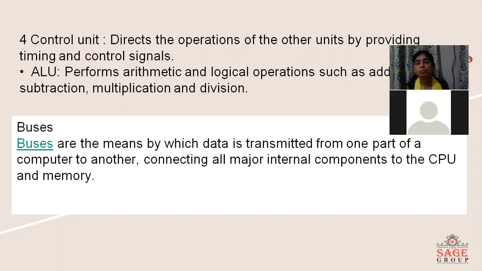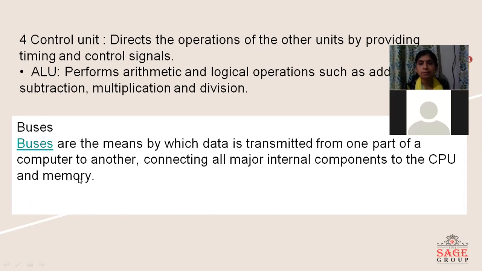As I have told you, the connecting wires between these different devices are known as bus, and these buses are the means by which data is transmitted from one part of a computer to another part, connecting all major internal components to the CPU and memory.